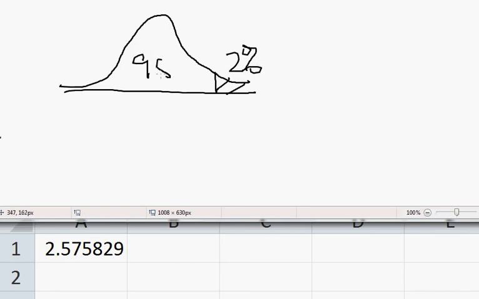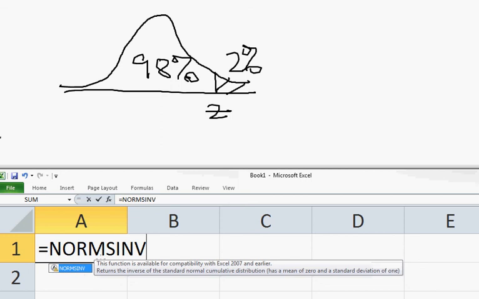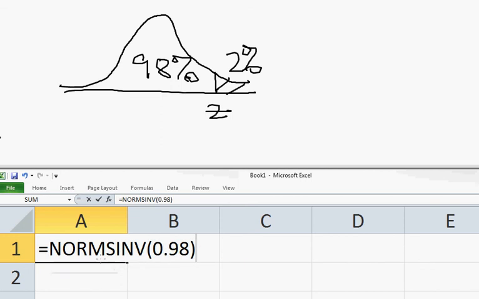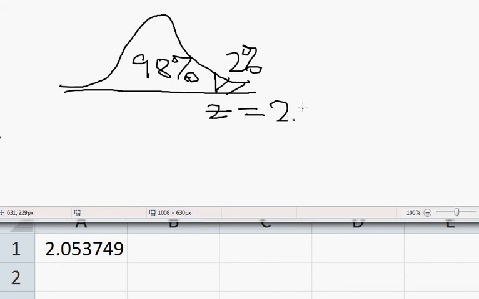That means the area to the left is 98%. And so I use the NORM.S.INV again to figure out the value of z that goes with it. So for this problem, it'd be NORM.S.INV of 0.98. 2% of the area lies to the right, which means 98% of the area lies to the left. So the z value will be equal to 2.053.